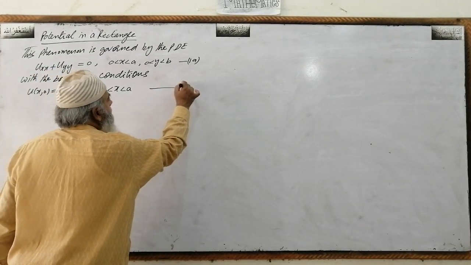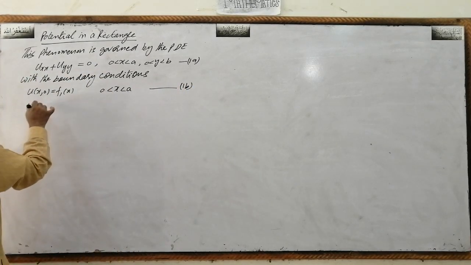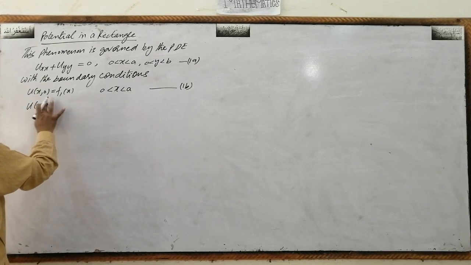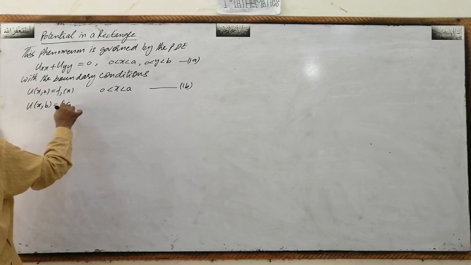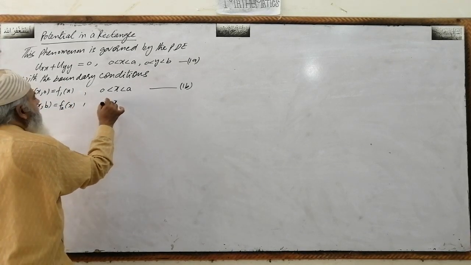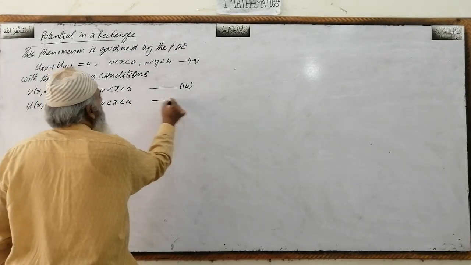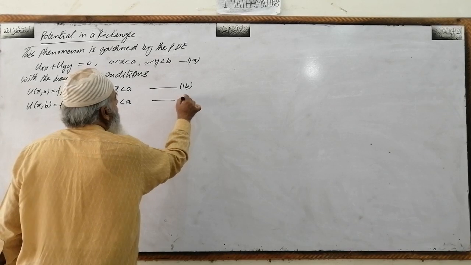Let's call it 1b. The other boundary condition is u(x,b) is equal to f2(x), where once again x lies between 0 and a, and let's call it equation 1c.